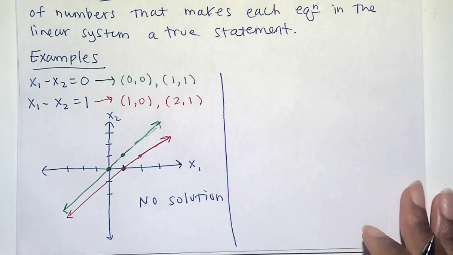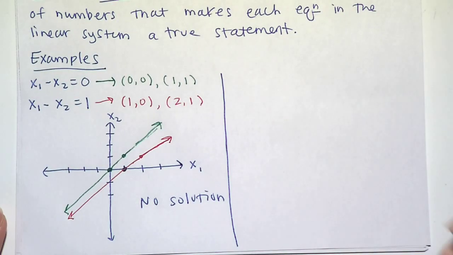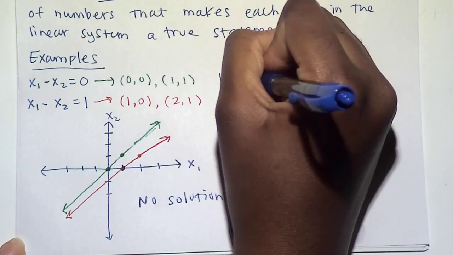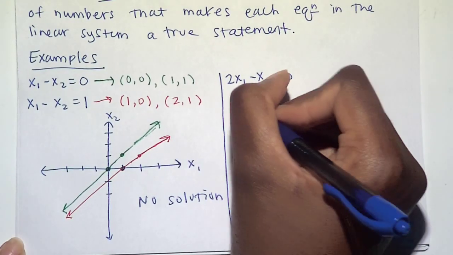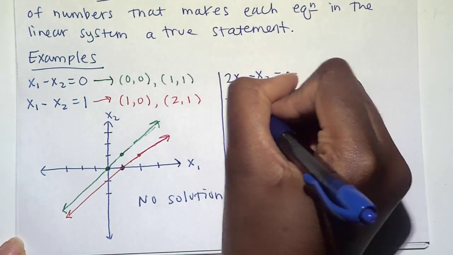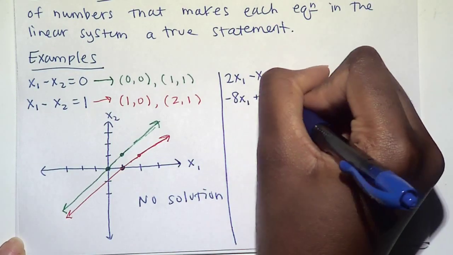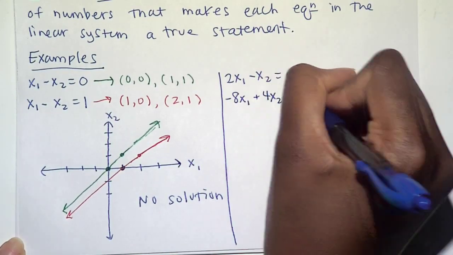All right, let's look at another example. Let's go 2x1 minus x2 equals 0, and then negative x1 plus 4 x2 equals 0.